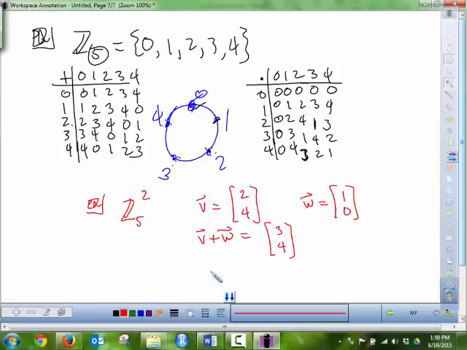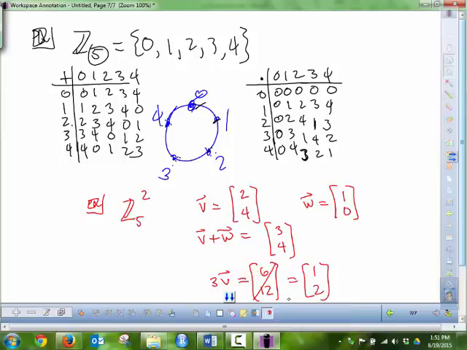Oh, we can also scalar multiply. What's 3V? It would be what? 6, 12? I don't have 6 and 12s in my thing. So it should be 1 and what? 1 and 2.